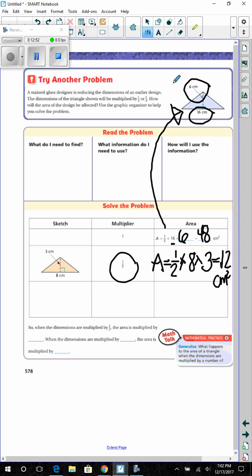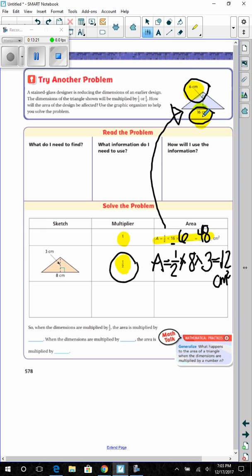So, the multiplier here is 1. So these numbers up here were multiplied by 1, so that means that they stayed the same here. Our multiplier now changes to 1/2. So these numbers that were in our original picture, 16 and 6, each of those numbers get multiplied by 1/2, which is the same thing as being divided by 2.